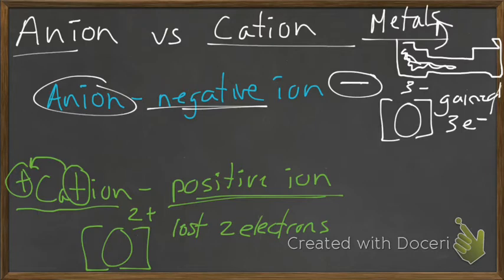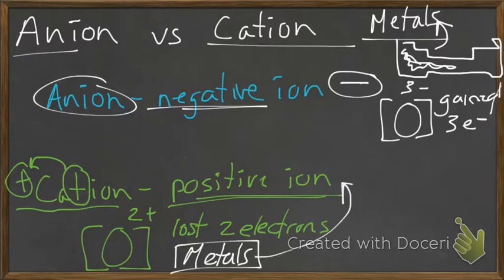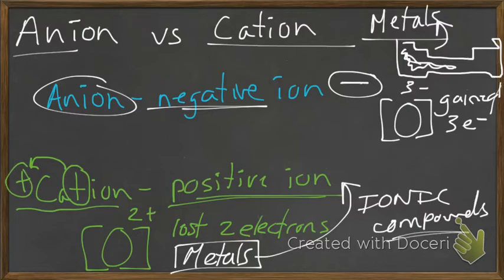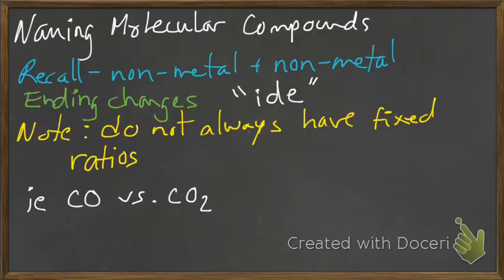Generally speaking, metals will want to lose electrons. When you lose electrons, you become positive. So more often than not, our metals will be positive ions. This is specifically for our ionic compounds.